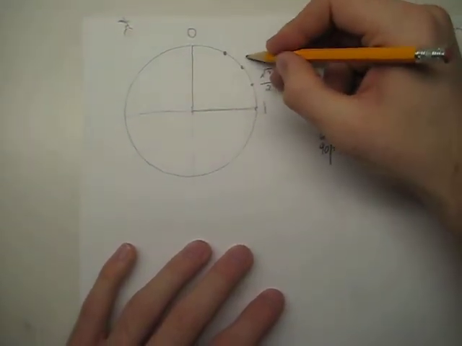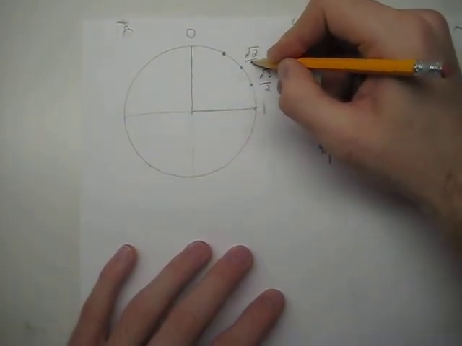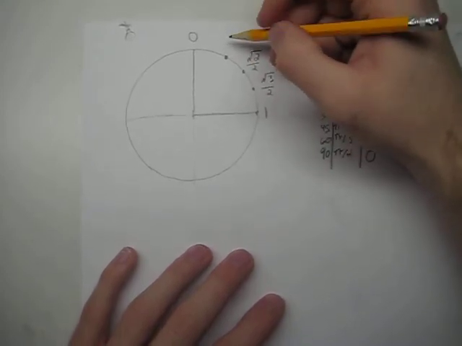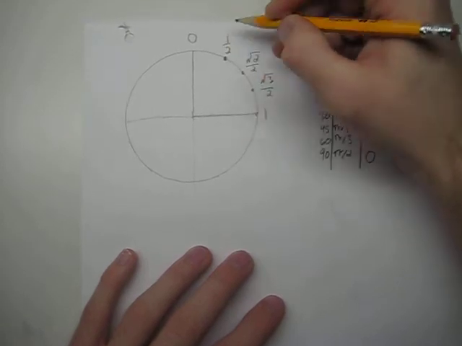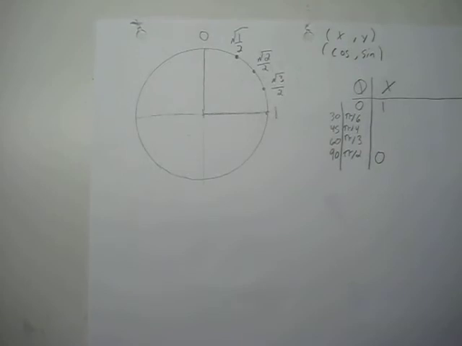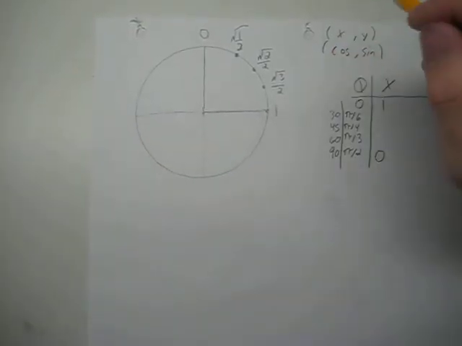The value of this one is the square root of 2 divided by 2. And the value of this one is 1 over 2, or the way I think of it is the square root of 1 divided by 2. Now as you can see, there's a pattern going on here.